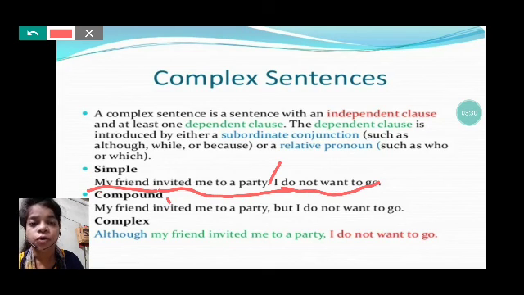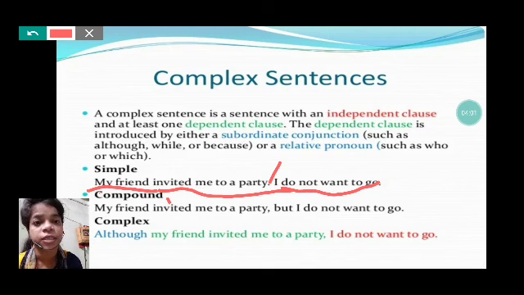Here do not want is forming the verb, and to go is also part of the verb. These two are simple sentences, but when these two sentences are joined, they form compound and complex sentences. Like see, compound sentence: My friend invited me to a party but I do not want to go. This is compound. This we will discuss in the next video.